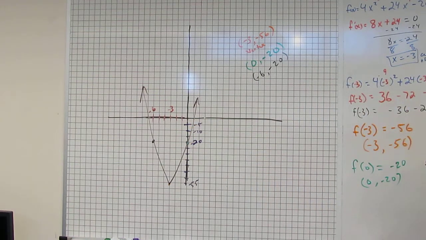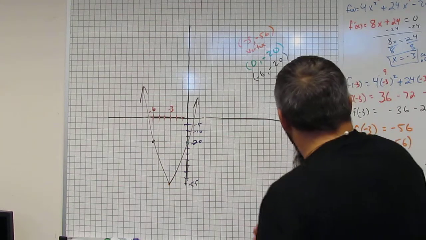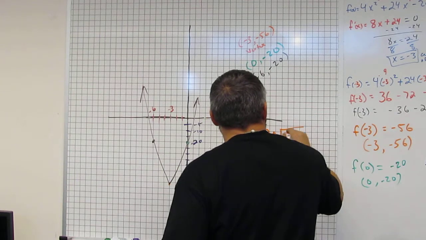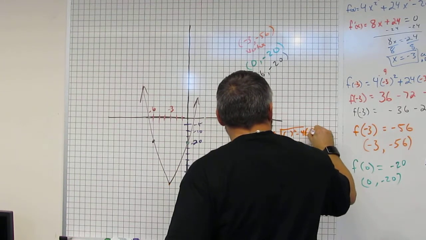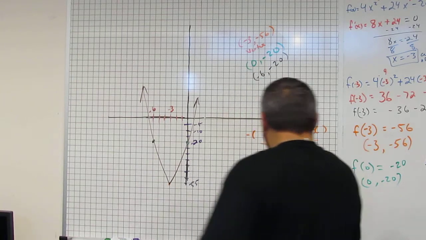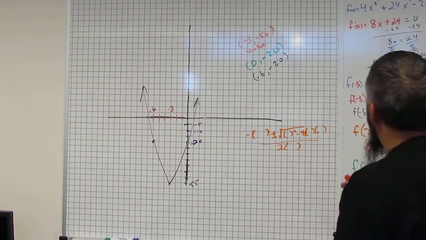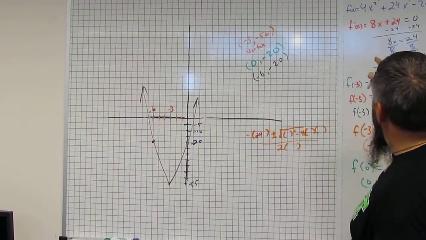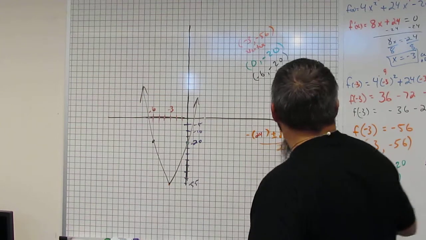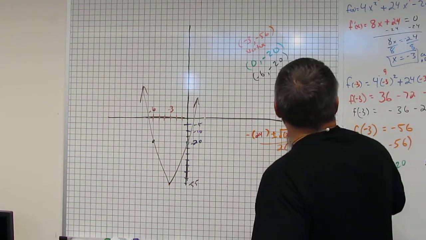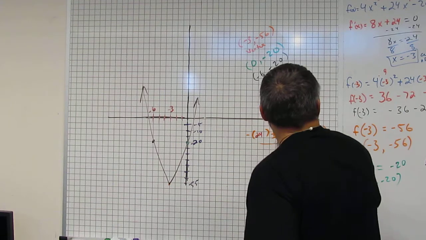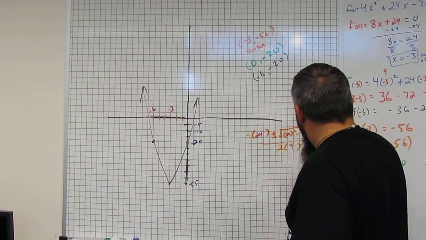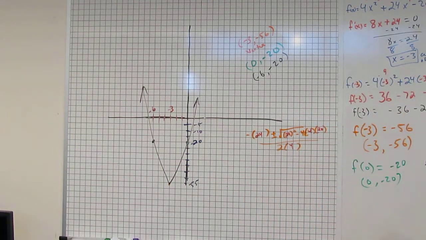So if I plug that in real quick, negative b plus or minus the square root of b squared minus 4ac all over 2a. Negative b would be 24, and a would be 4, b is 24, and c is negative 20. And then I would just use my calculator.